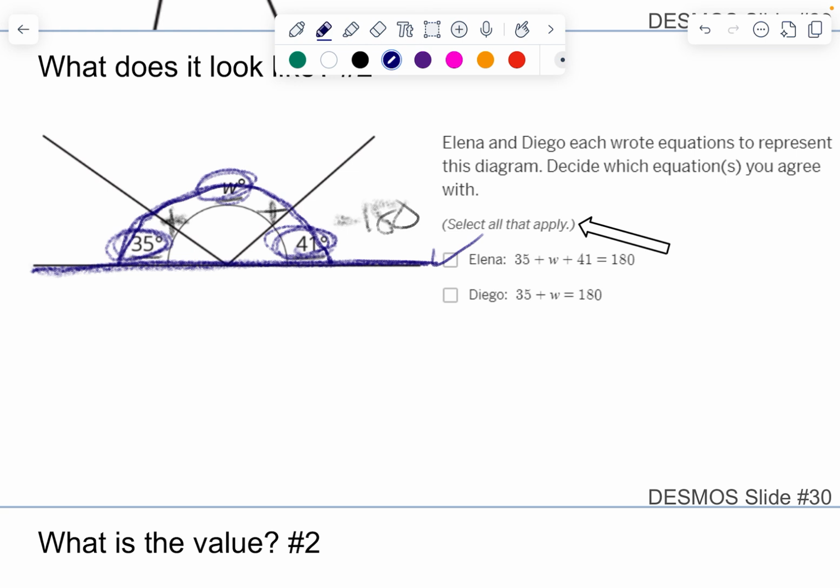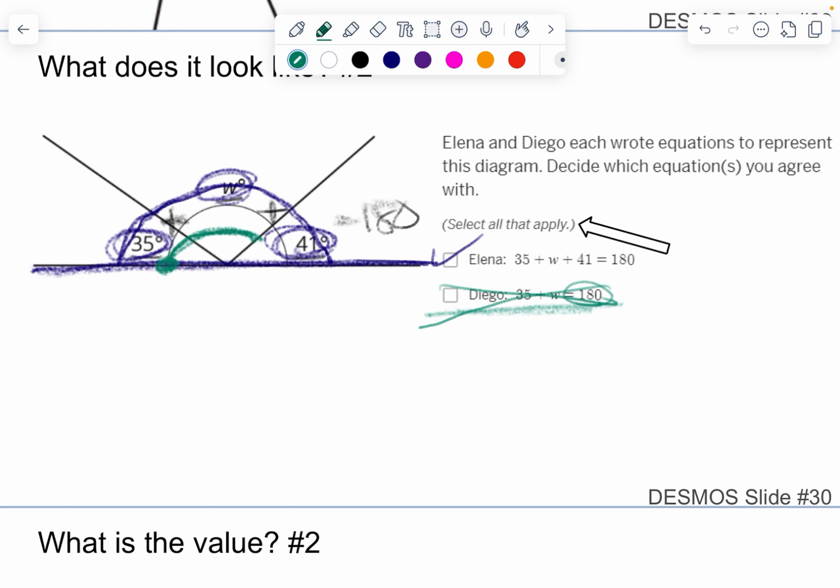Diego said that 35 plus W equals 180. We don't agree with him because if you draw that semicircle right there, we start it here on his 35-degree angle.